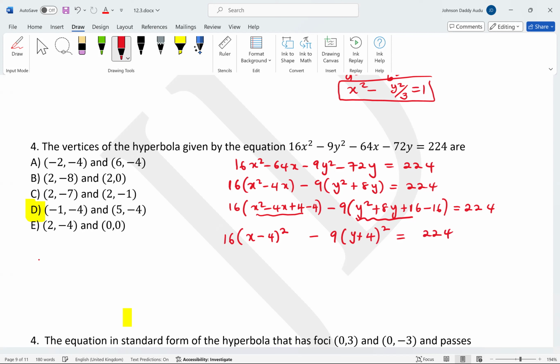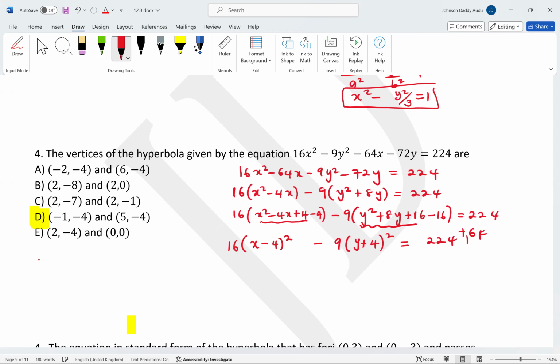Here we have 16 and here we have minus, so you actually have 16 times 4, which is minus 64. But if we take it to the other side, it's going to be plus 64. So we're going to add plus 64 here.